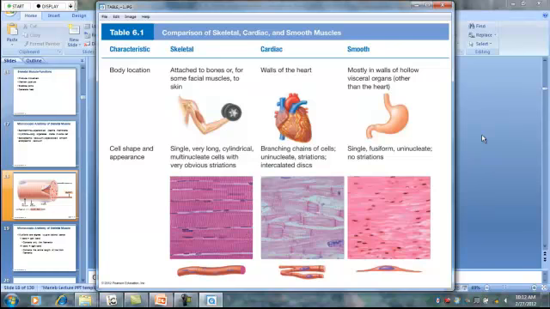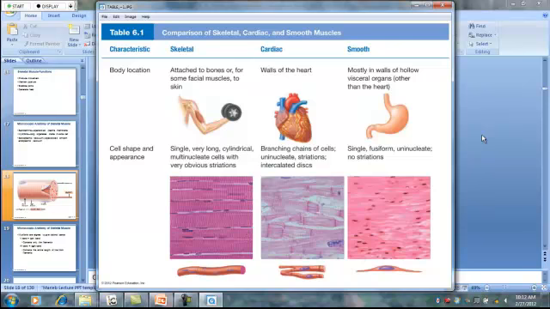Everything between here is one muscle cell or one muscle fiber, and it continues on past this field. Remember, they're very long. Depending on how long that muscle is, that cell's going to be that long, which is why there's more than one nucleus. And you've got striations. See how there's dark light, dark light, dark light? That's what's meant by striations. So, in appearance, multinucleated, parallel, long cylindrical cells, and striations.